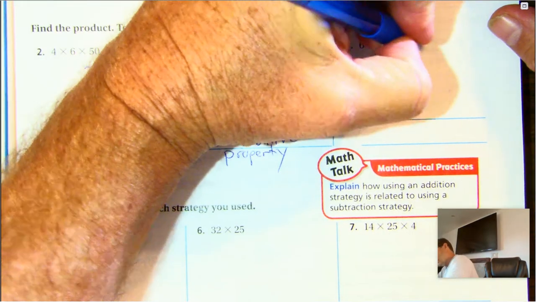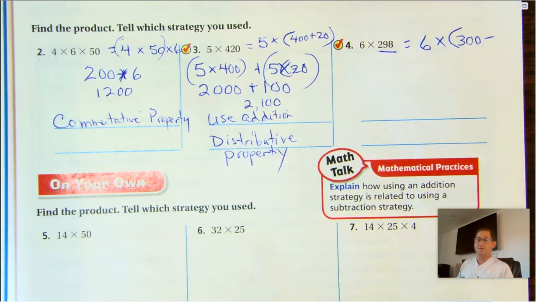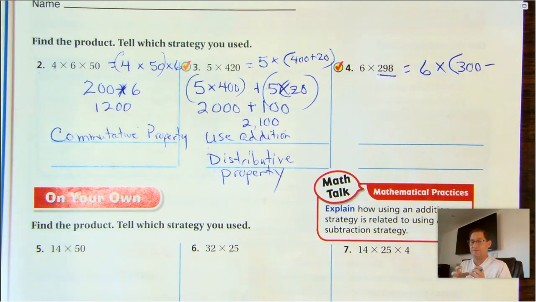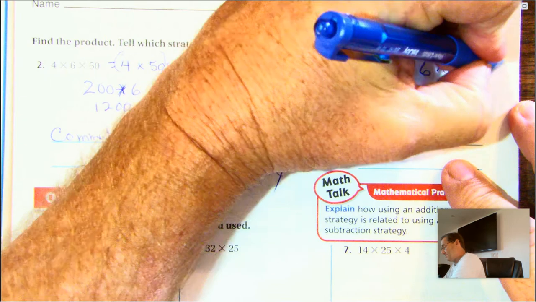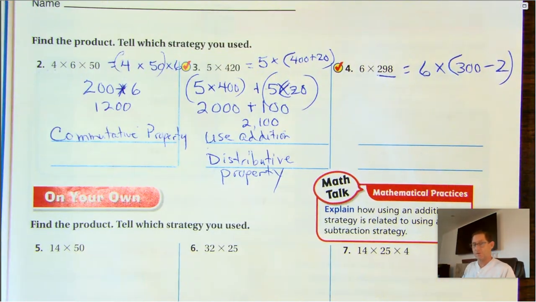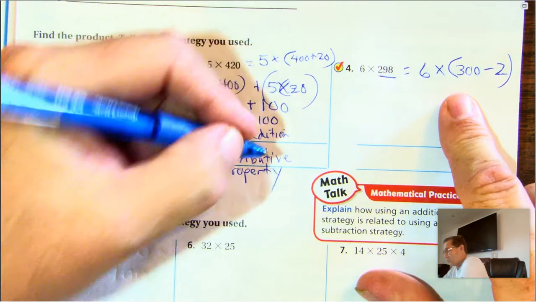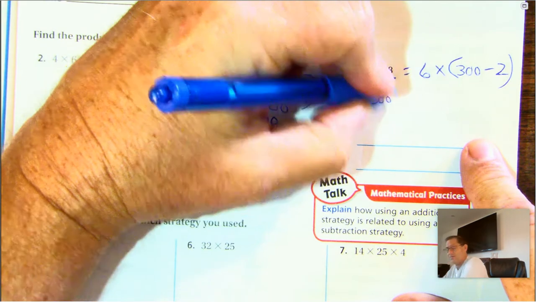Let's change it. But I made this number bigger, so I have to take something away from it so it's still equal. 300 take away what is 298? 2, of course.